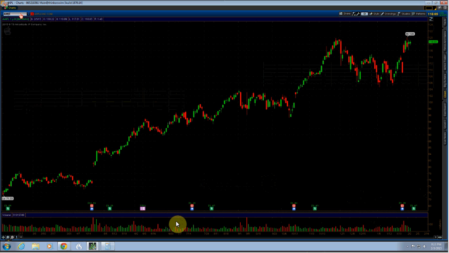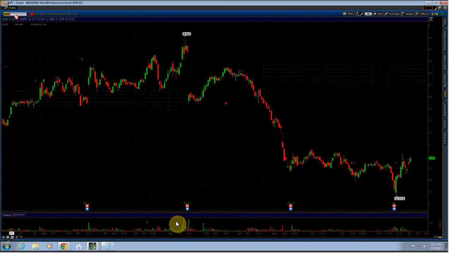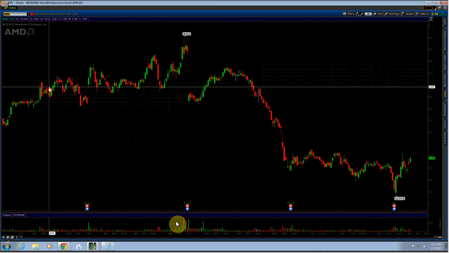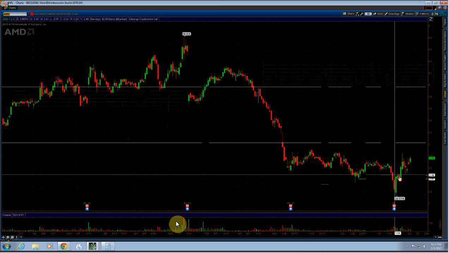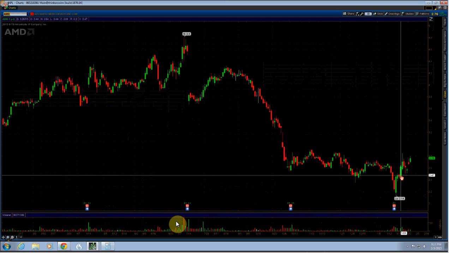Let's go to one like AMD. If you thought AMD could go up from here and you wanted to buy shares, and let's say you were using like a $500 position size, how much money could you, or how many shares could you buy?